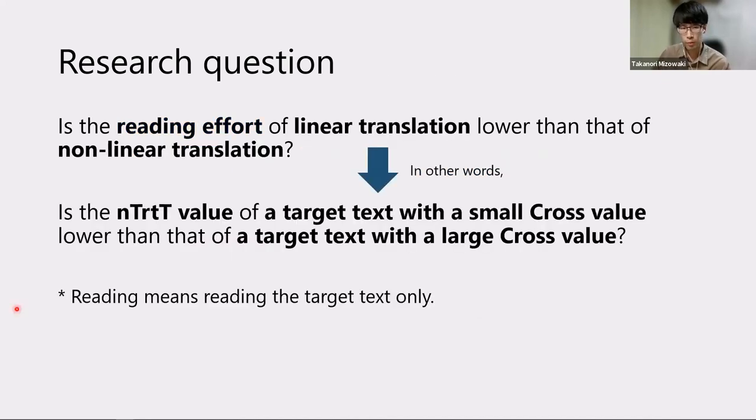So to summarize so far, the research question can be paraphrased as: is the NTRTT value, in other words, reading effort of a target text with a small cross value, in other words, linear translation, lower than that of a target text with a large cross value, in other words, non-linear translation?